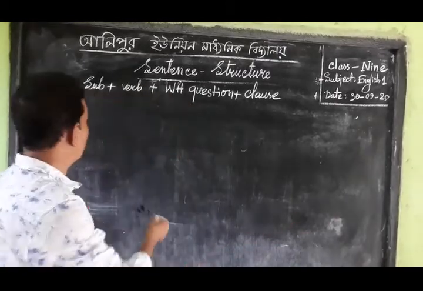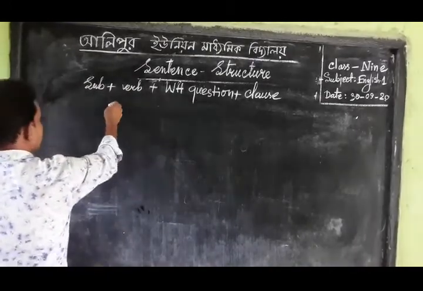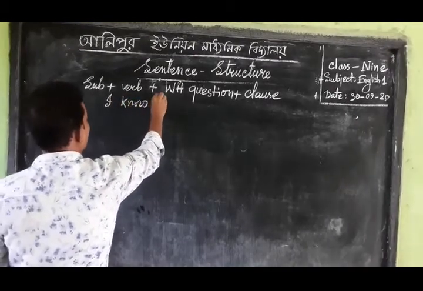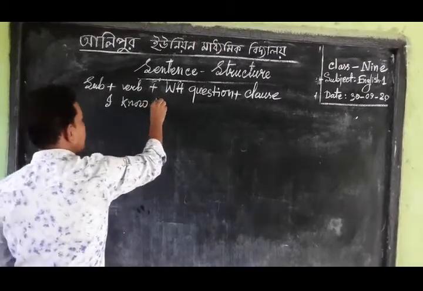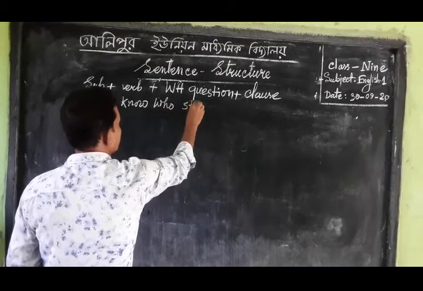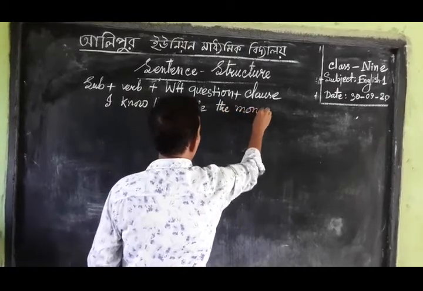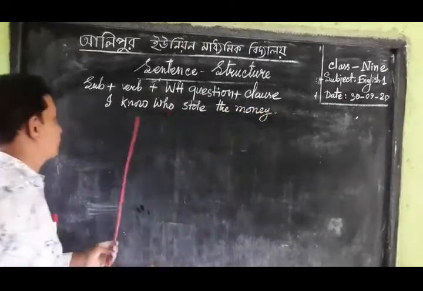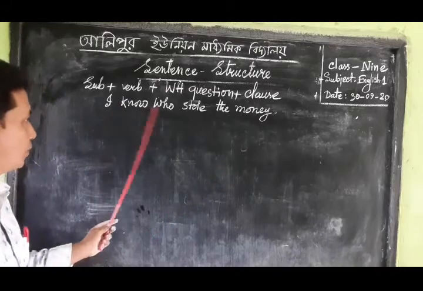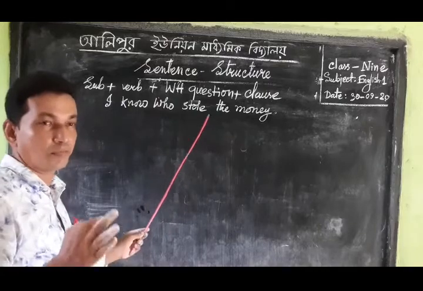Okay, dear learners, now I am giving an example using a WH clause. I know who stole the money. Dear learners, look at the blackboard very carefully, because this sentence is not very simple. It's a complex sentence.